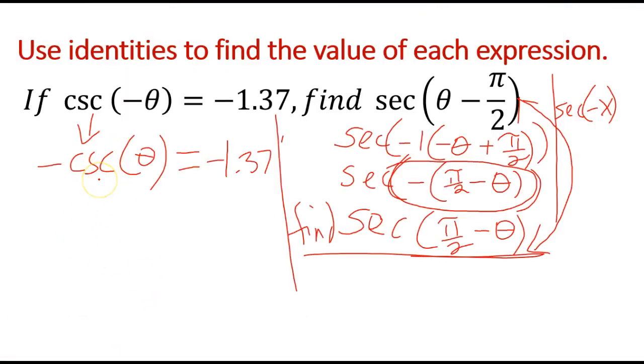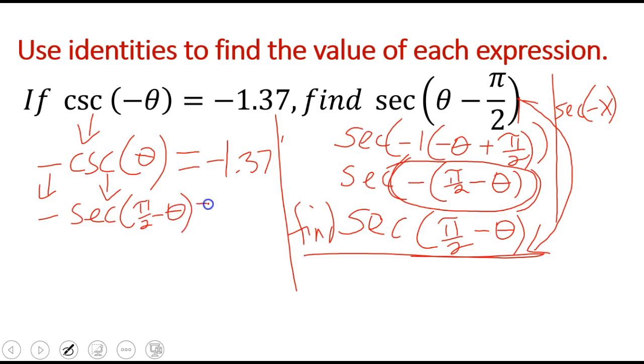So we bring down the negative and substitute cosecant theta with secant of pi over 2 minus theta. And we keep the right side. The equation is still equal. We haven't changed it, we are just substituting. So now we have negative secant of pi over 2 minus theta equals that.